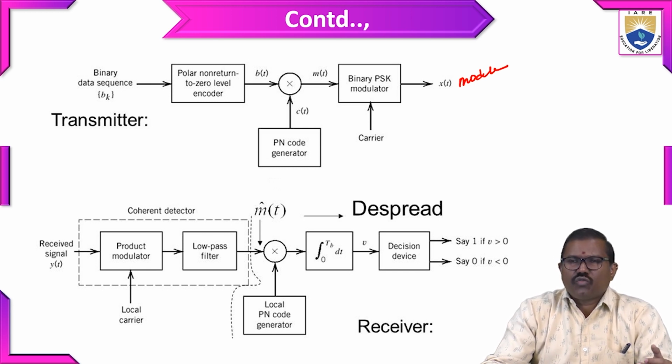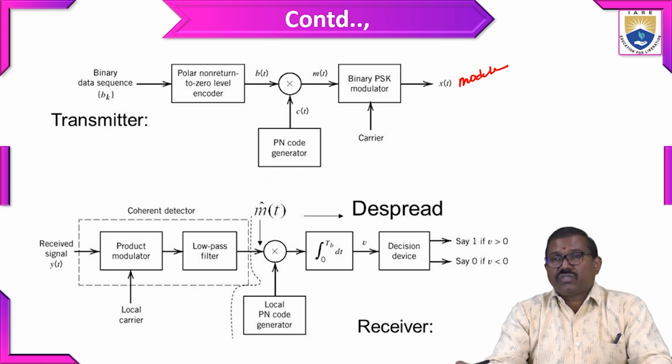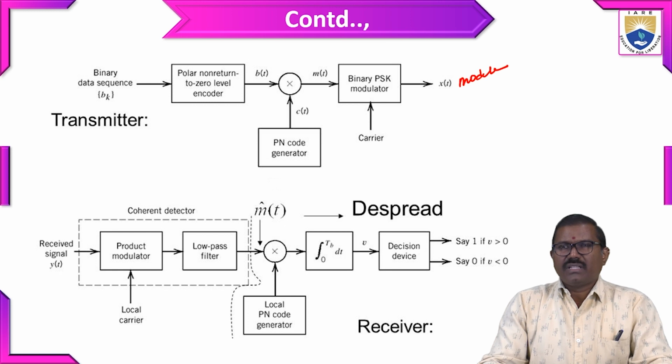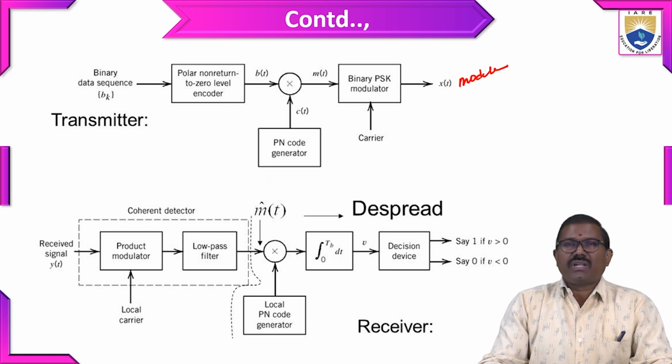After that we apply the integrator and decision device. The decision device has a threshold. If the threshold is exceeded, it is called 1; if it does not exceed the threshold level, it is called symbol 0. Since this is digital, with only ones and zeros, it is easy to make a decision.